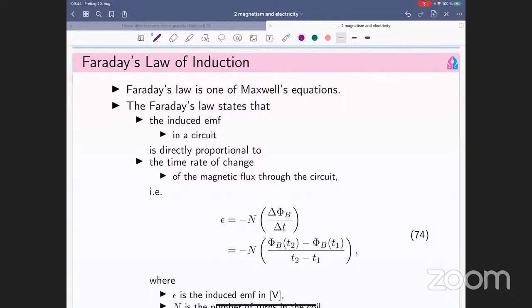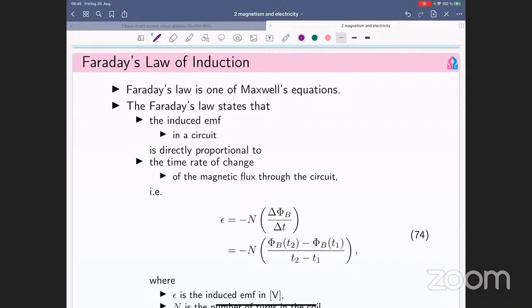And there is a person who discovered this rule, and his name is Michael Faraday. Yeah, that's what's going on in this scenario.